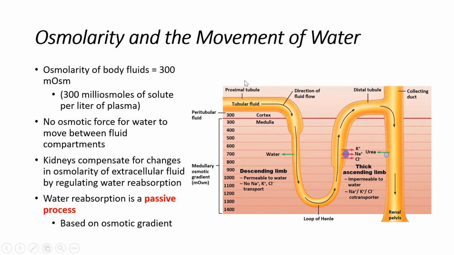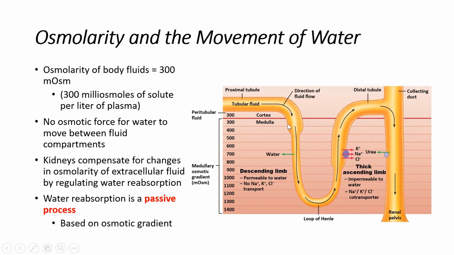Just kind of highlighting those points here on this illustration. So we start out with our tubular fluid at an osmolarity of 300 milliosmol. It's the same osmolarity of our plasma. And so we made this point before when we talked about absorption across the proximal tubule. Because we start out with the blood being 300 milliosmol, the tubular fluid being 300 milliosmol, we don't initially have a gradient that's needed for water to move.